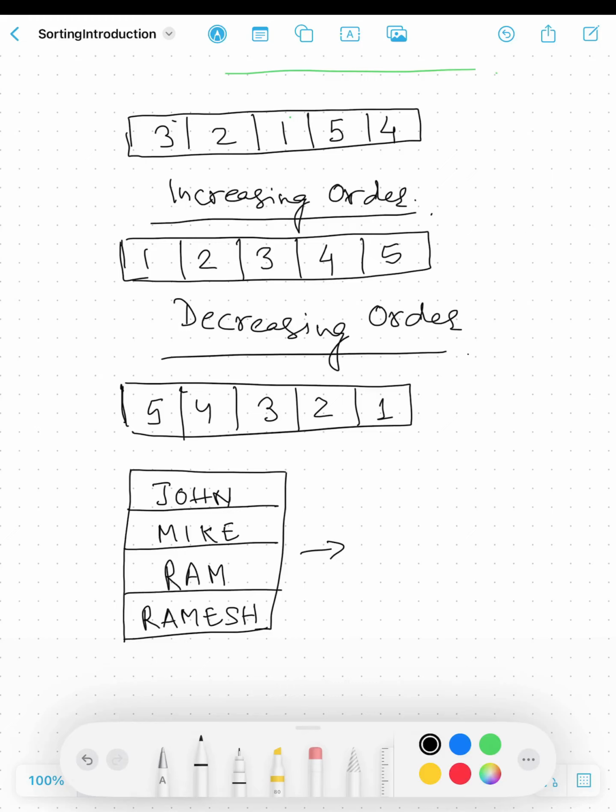Now, if we want to sort this array of strings in increasing order based on dictionary order, this would probably look like this.